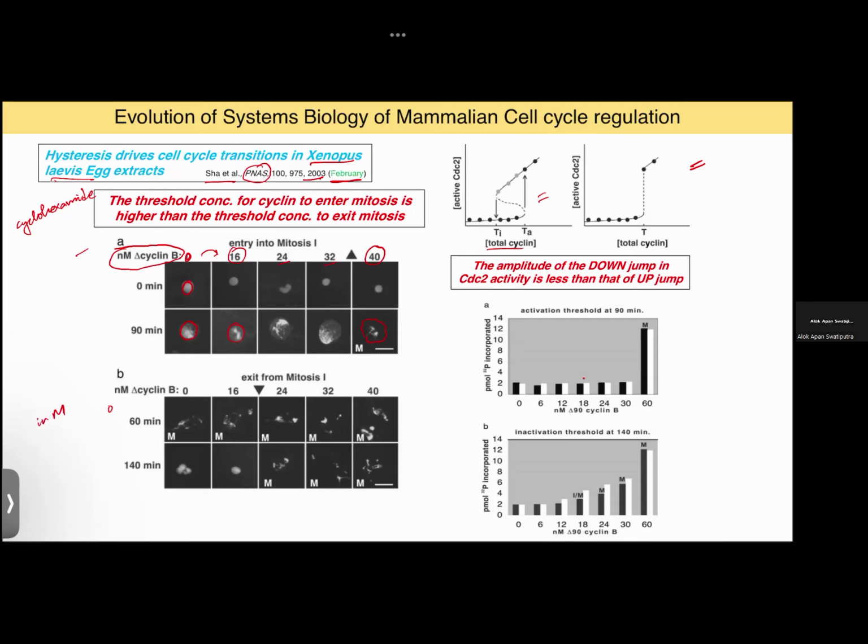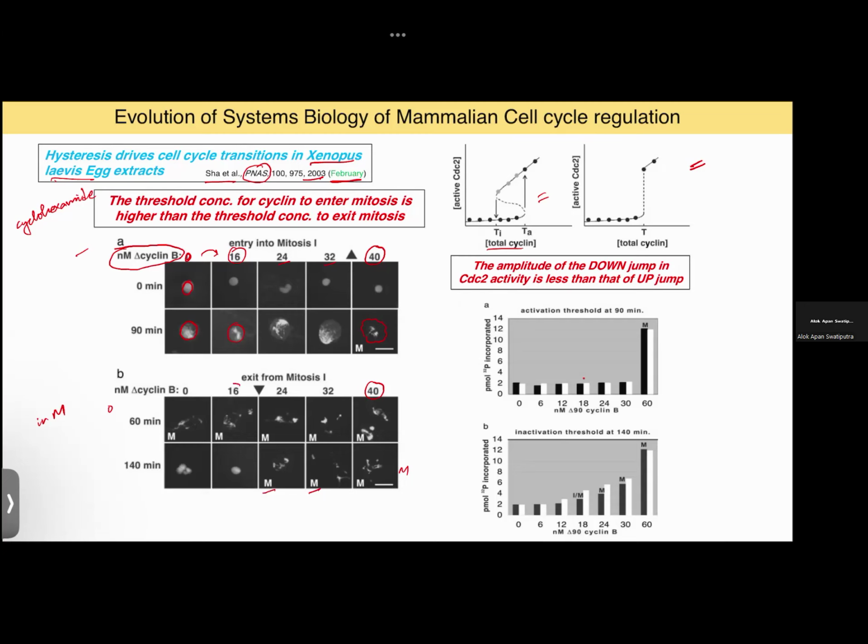So now you have fixed the cell in that state, and then they repeated the experiment. After the cell has entered mitosis and been fixed, they put in 40 nanomolar of this special type of cyclin B, and then wait a certain time to allow steady state. You see that the cell is still in M phase. At 32, it is still there. At 24, it is still there.